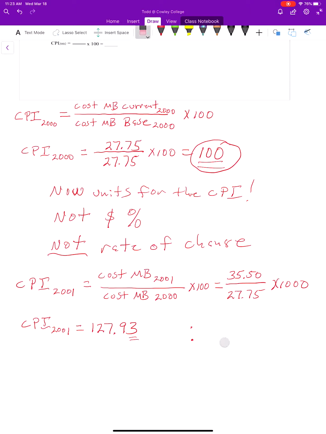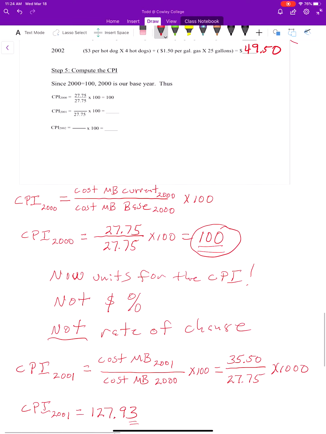Okay. So just to check your answer on the last one, the Consumer Price Index for 2002 will be the cost of the market basket in 2002 divided by the cost of the market basket in your base year, which again is 2000, multiplied by 100.